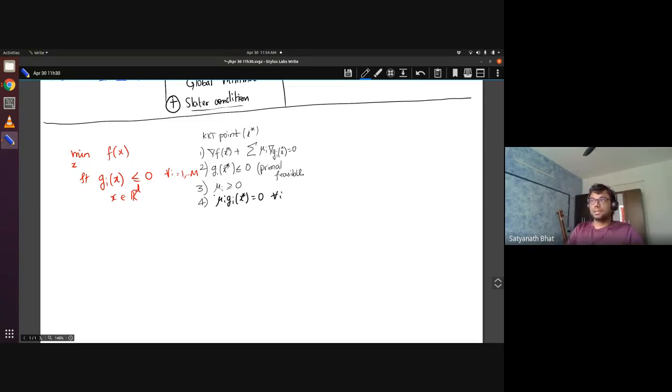Now if you look at this particular expression, it is like the first order condition of unconstrained optimization. So you can think of a function L of x, mu. Consider this function: f of x plus summation mu_i g_i of x.